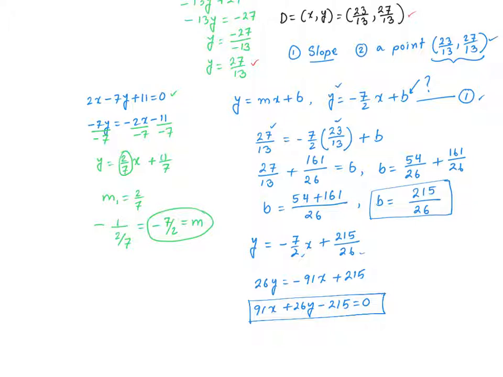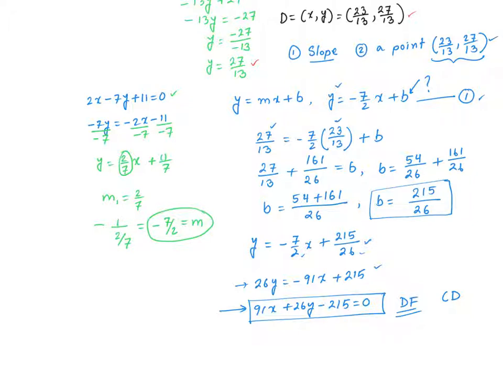And in going from this step to this step, just multiply both sides by 26 and you should get this, and then move the terms on the right hand side to the left, and that's what should be your answer. So this, by the way, is the equation of the line DF. That's the equation of the line DF that we have been looking for. That's going to be perpendicular to the line CD.